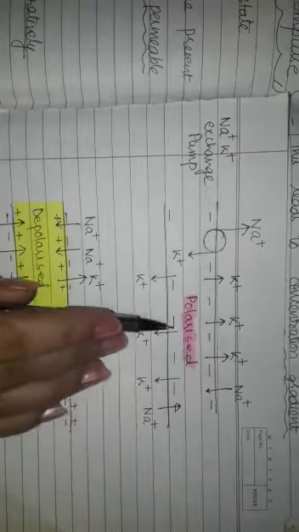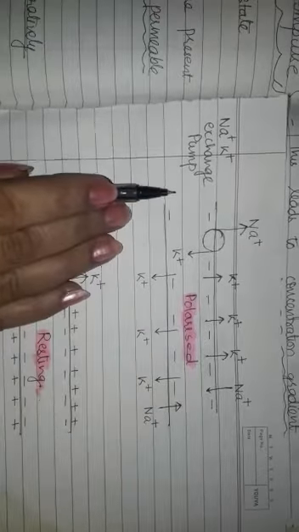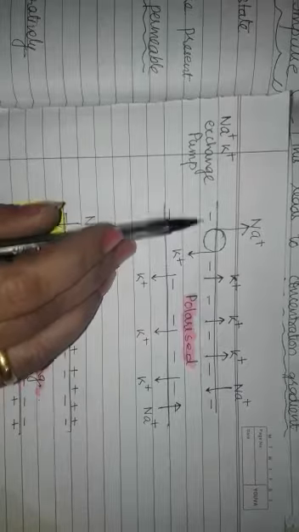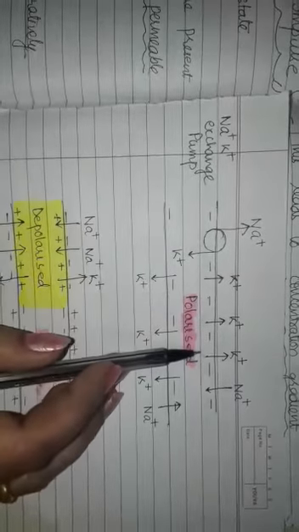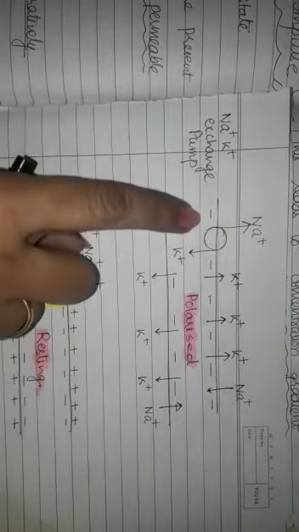As a result, the axoplasm inside the axon contains a high concentration of potassium ions and negatively charged proteins. This negative sign represents the negatively charged proteins. That is, which concentration is higher in the axoplasm?